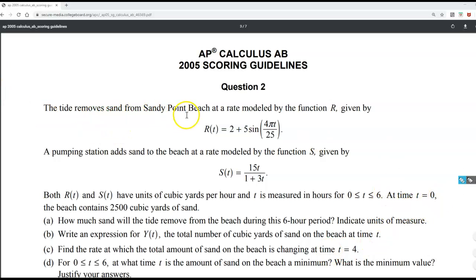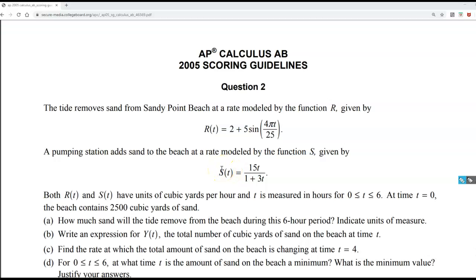The tide removes sand from Sandy Point Beach at a rate modeled by this function, and a pumping station adds sand to the beach at a rate modeled by this function. So this here is our rate out. R represents the rate out, and S represents the rate in. So we have sand that's being taken away, and we have sand that's being added to the beach.